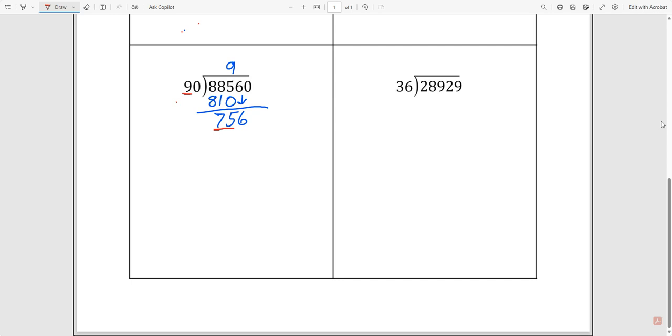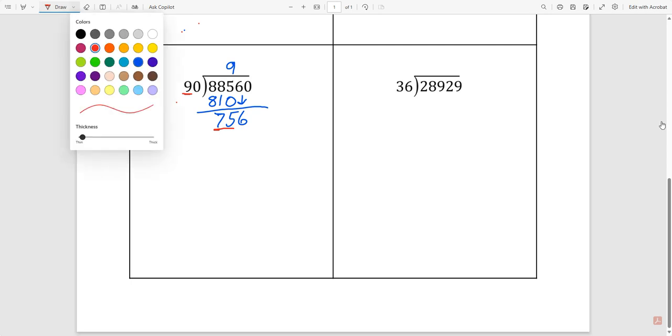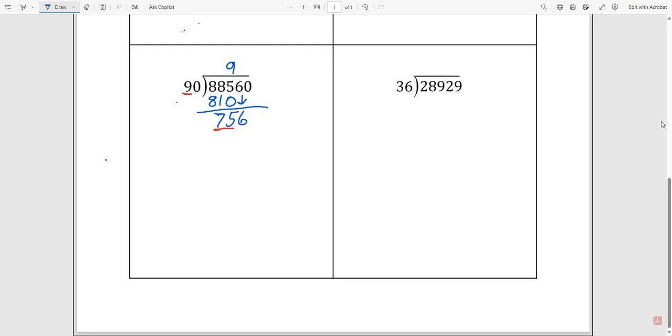How many times will 9 divide into 75? 8 times. We'll try that. Sometimes it may be too much, and then we'll use the next number down, but let's see if that works for us. We'll put that over the 6. 8 times 0 is 0, and 8 times 9 is 72.